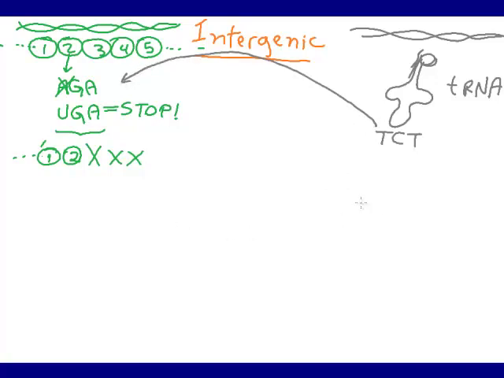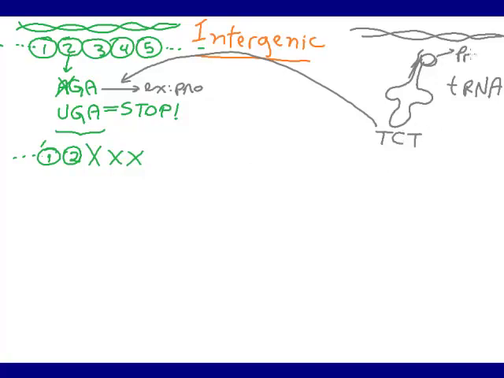Okay, AGA is the codon, so that one is going to be TCT. That's the anticodon, right? For the tRNA. So what happens here is that, okay, now UGA, that's a stop signal.